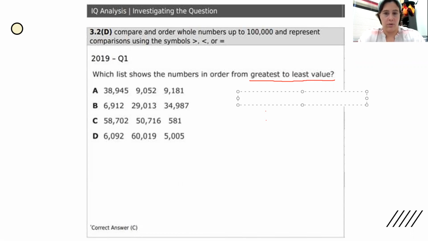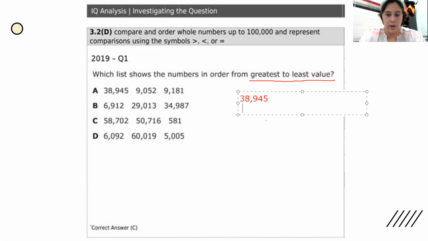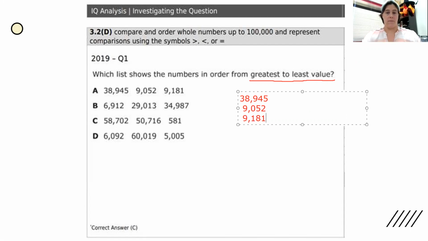I'm going to write 38,945 over 9,052, and then it'll be 9,181. Okay, so this is for A, the first one.